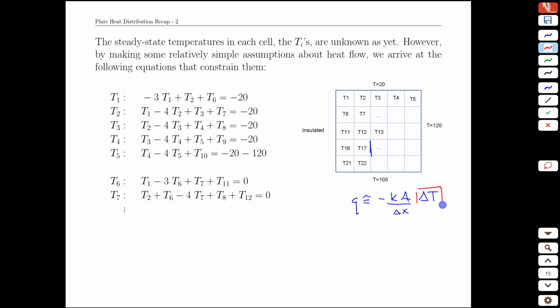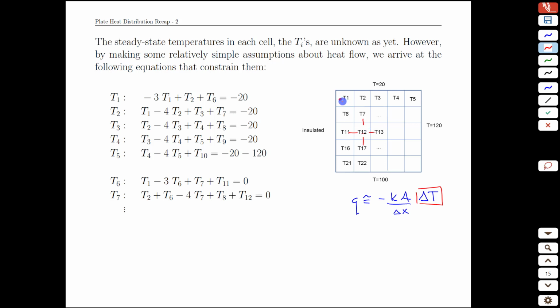The temperature difference between adjacent cells, not diagonals. It's important not to include those, because in those cases the area is technically zero between any of those diagonally connected elements. So all we have to worry about are up to 4 adjacent cells in these maps.